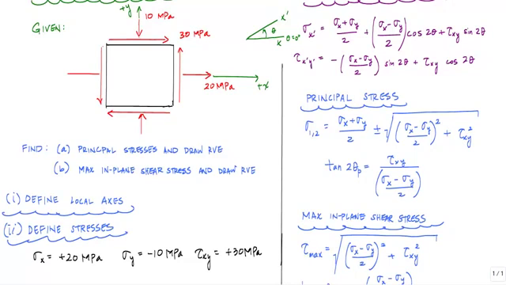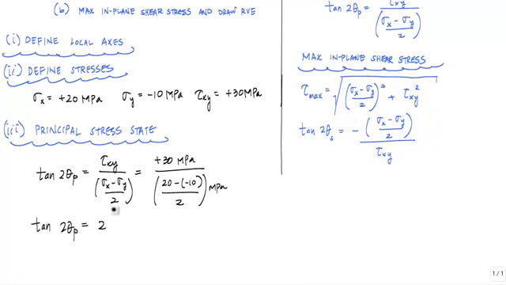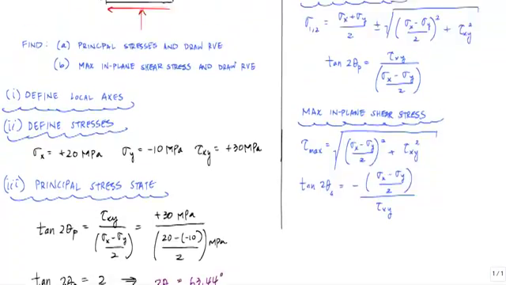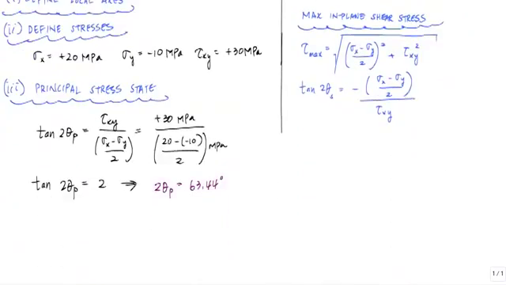The first thing you want to find is the angle, or angles really, associated with the principal stress state. Here we're going to apply this tangent 2 theta p. When we plug and chug, we get tangent 2 theta p equals 2. Solving for 2 theta p, we get 63.44 degrees. Any positive number is associated with a positive rotation as these equations were defined, which is counterclockwise.